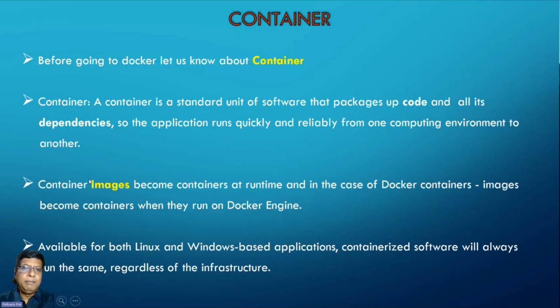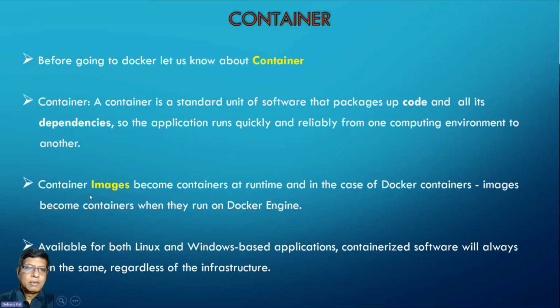So container and images, I have highlighted them because one cannot exist without the other, as if they are made for each other. A container is made to hold the images, and images are there to run inside a container. What is an image then?